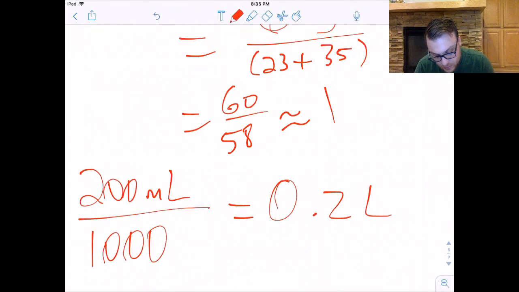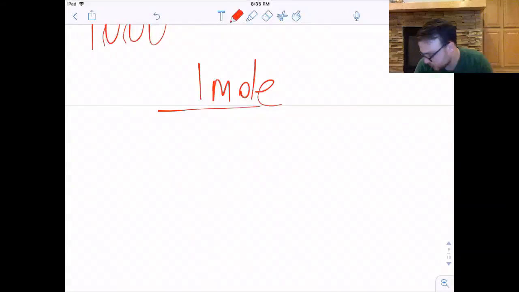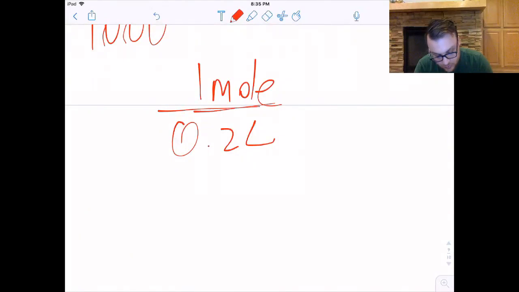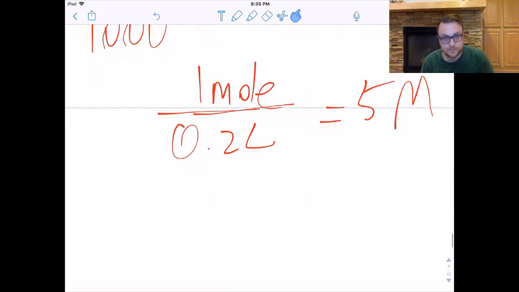Now I have 1 mole divided by 0.2, and you can put that in your calculator, but this should be, if I did the math right in my head, 5 molarity. This has a concentration of 5. Let me make sure I did this right. I did. Okay.